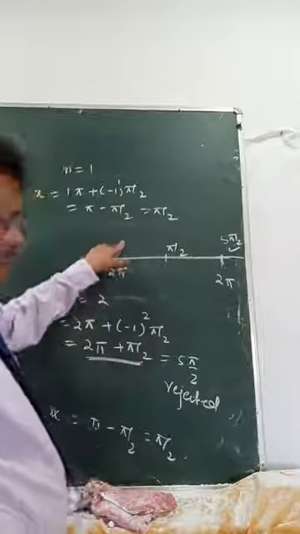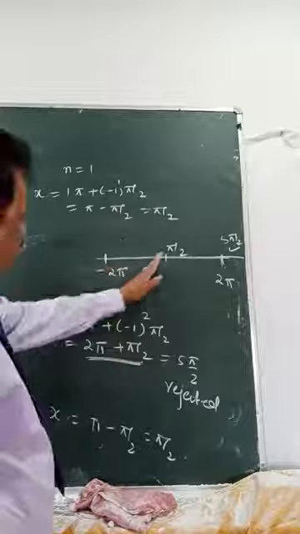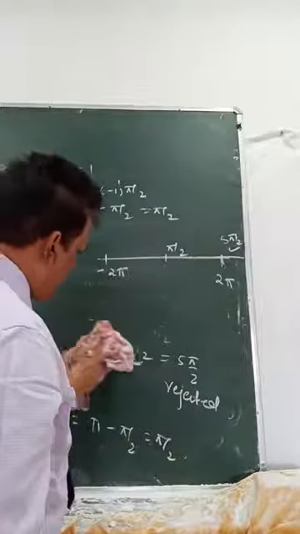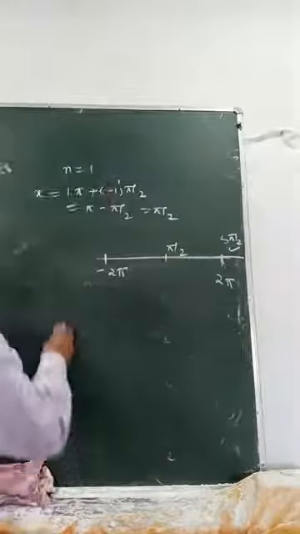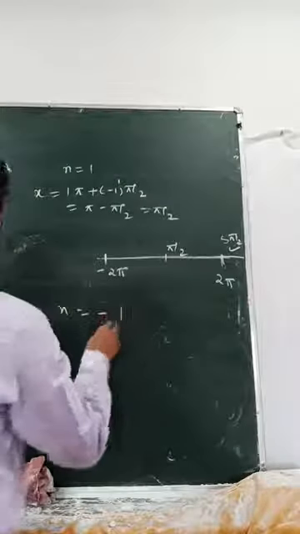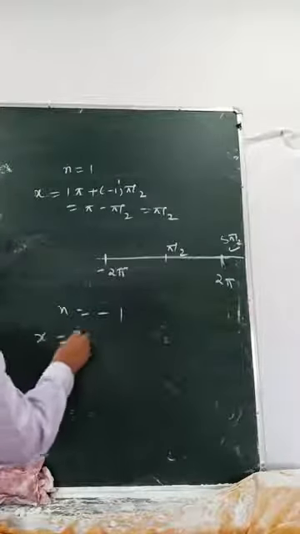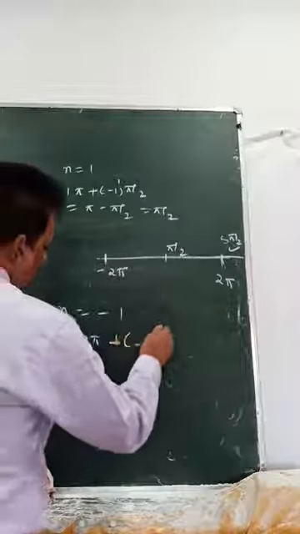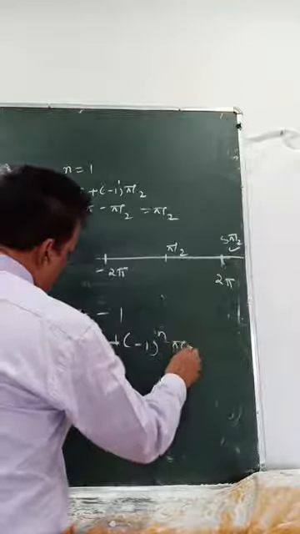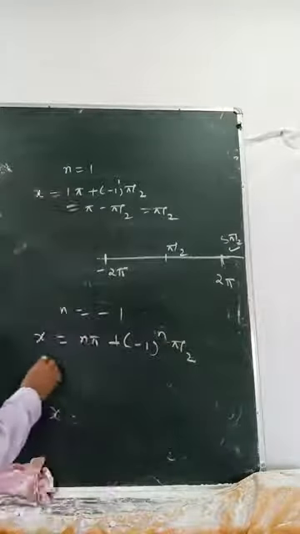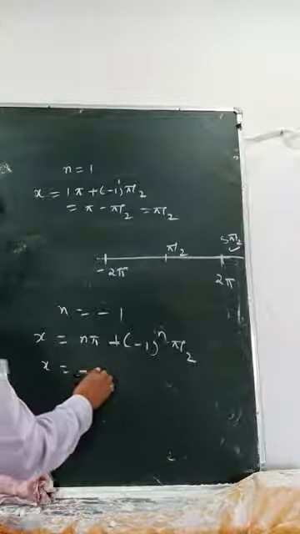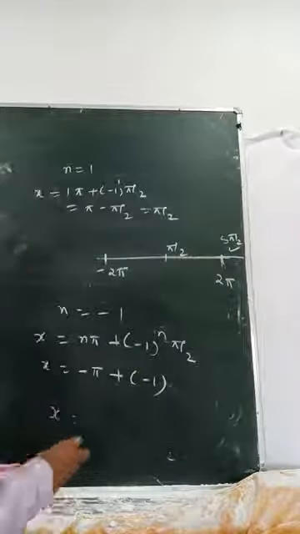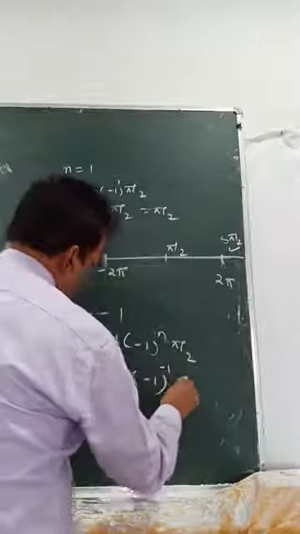So how to find? Now let's take n negative. Suppose n equals minus 1. So x is n pi plus minus 1 to the power n pi by 2. So x equals minus pi plus minus 1 to the power minus 1 pi by 2.